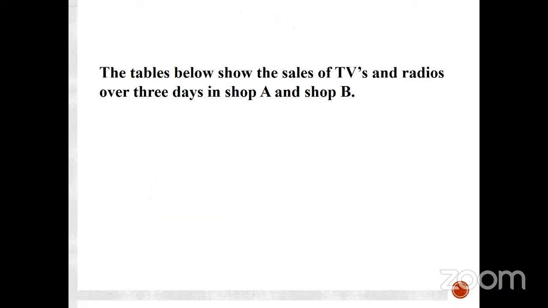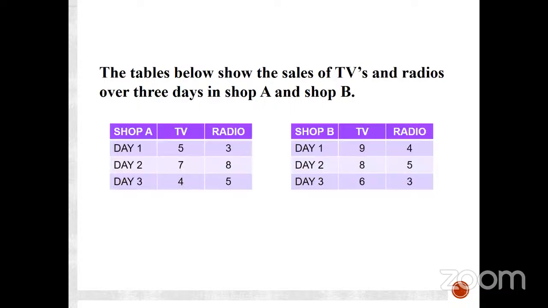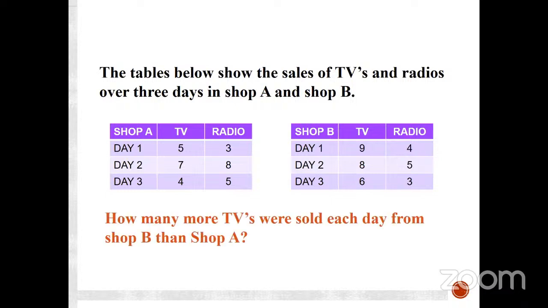So now we're going to look at another concept that I'm hoping you'll be able to figure out. The tables below show the sales of TVs and radios over 3 days in shop A and shop B. Those are the tables. Listen carefully now. How many more TVs were sold each day from shop A and shop B?